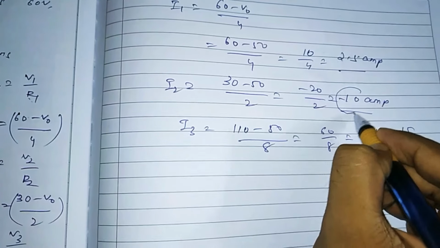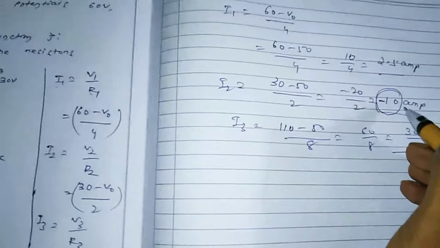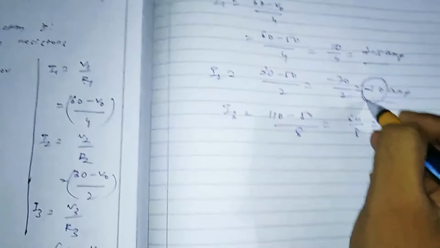Notice here that I2 is minus 10 ampere. How is that possible?